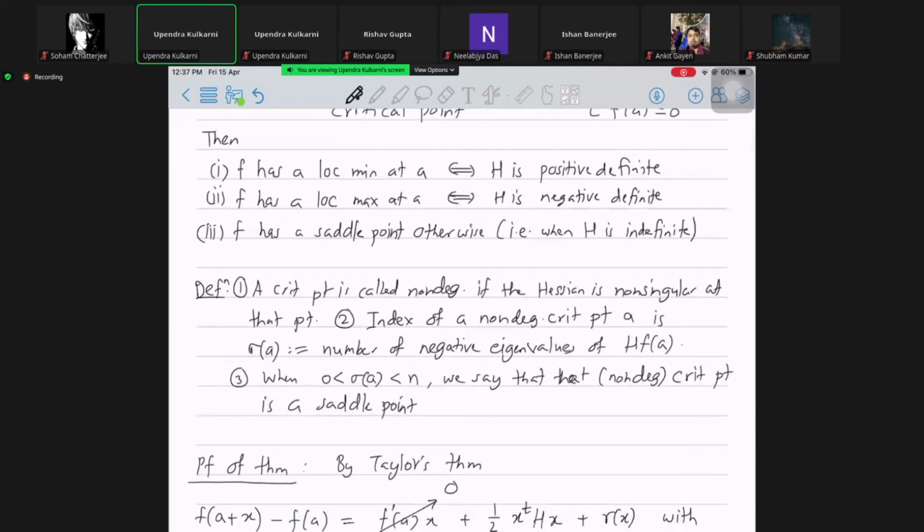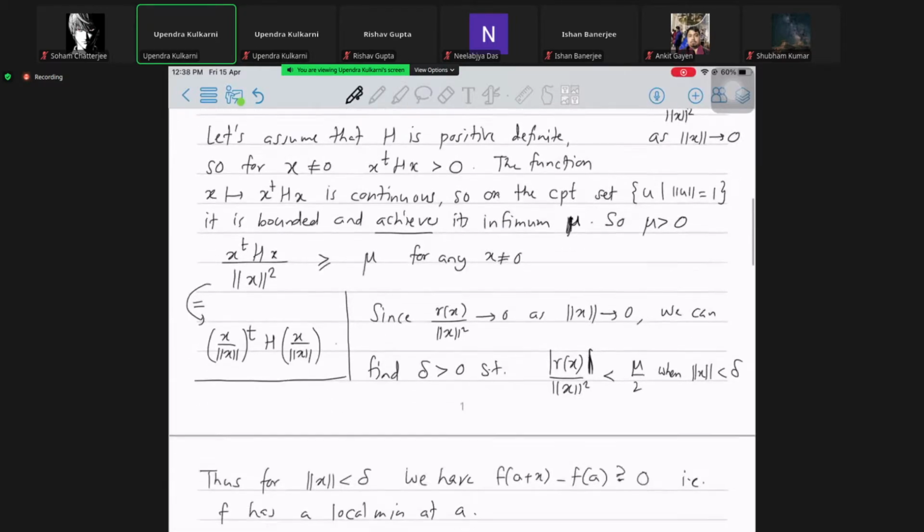A saddle point is when the Hessian is non-degenerate, in other words, you can think of it as the double derivative being non-zero. However, not all eigenvalues are positive and not all of them are negative. Remember, none of them is zero because I have taken H to be a non-singular operator. So that means that at least one eigenvalue is positive and at least one eigenvalue is negative.